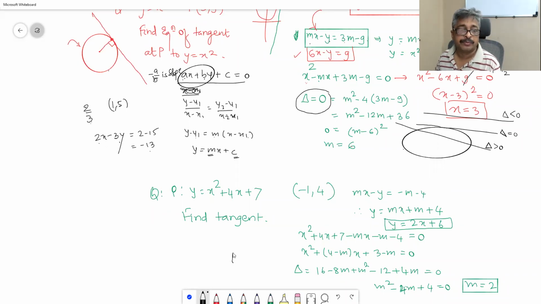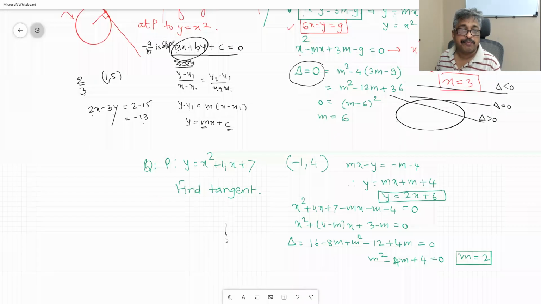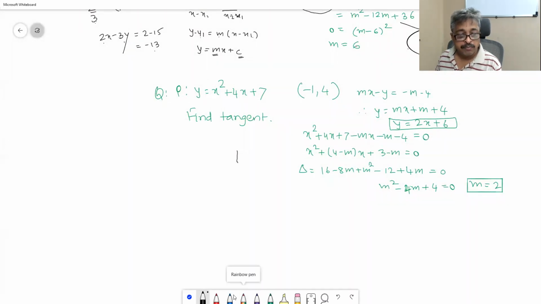Question. Y is equal to x square plus 6x minus 8.